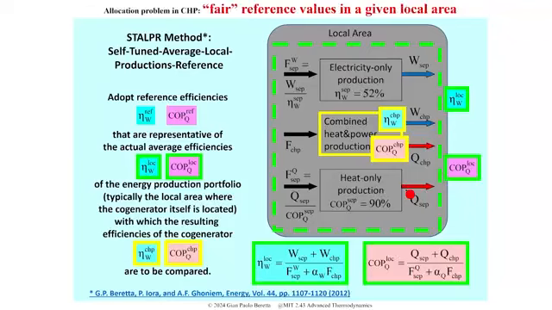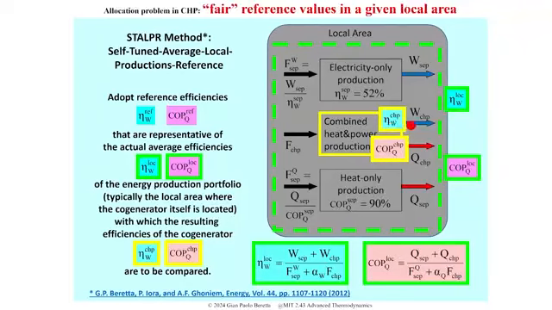So if I have assigned a value for the allocation factors like alpha W and alpha Q, so if I'm the authority, I decided these numbers. With these numbers, those who have combined heat and power facilities use them in order to compute their own partial efficiencies.